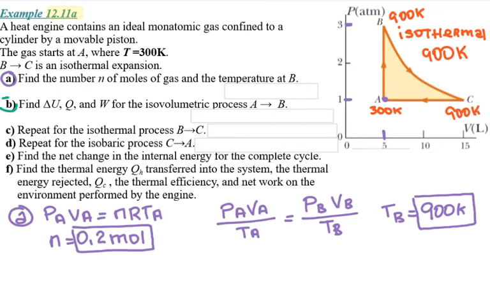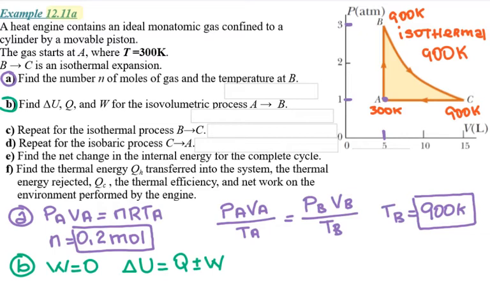For part B, they ask you to find the change of internal energy, heat, and work done for the isovolumetric process between A and B. So it's an isovolumetric process, so the work is equal to 0 because the volume stayed the same. And I know that from the first law of thermodynamics, delta U is equal to Q plus minus the work done on the gas or by the gas.